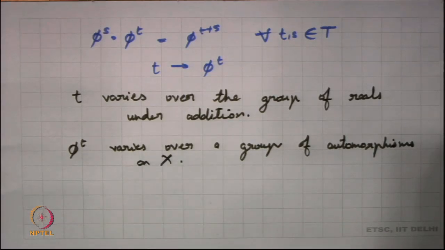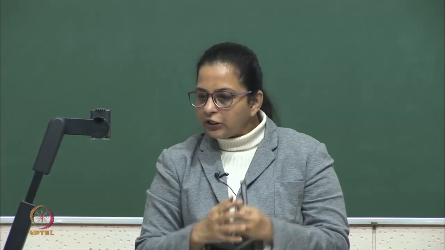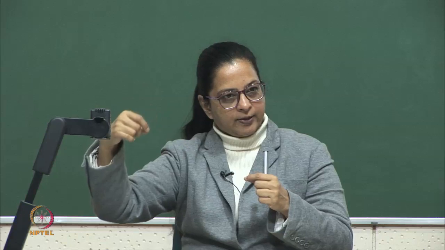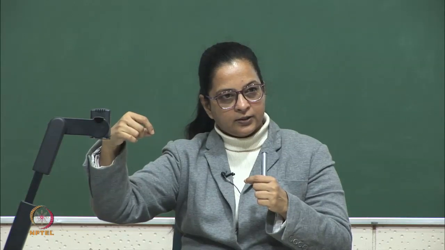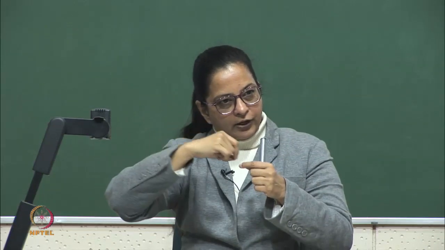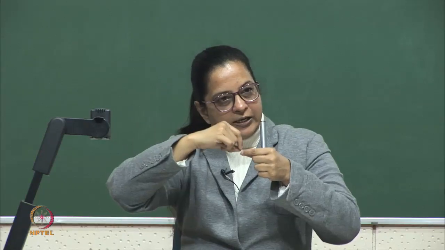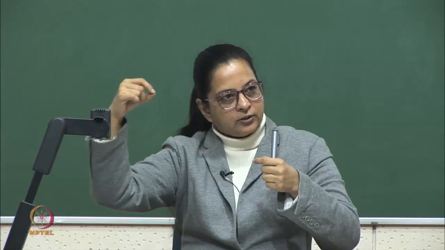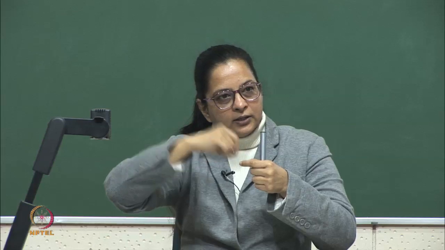Now, what do we basically mean by automorphisms? Each phi t, now try to understand phi t, for a unique x is going to give us a unique y. So, if I look into this association, this phi t is a surjection, this phi t is injective.